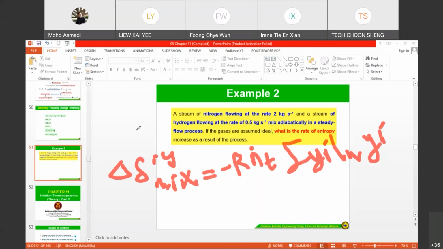Okay, joule per second Kelvin. Okay, thank you.